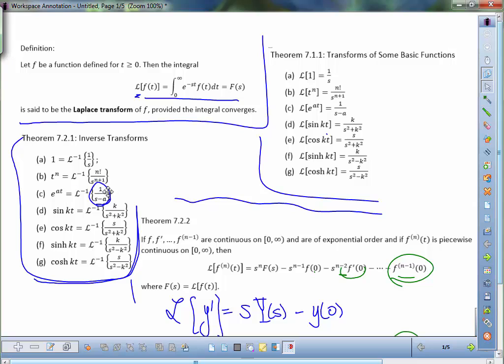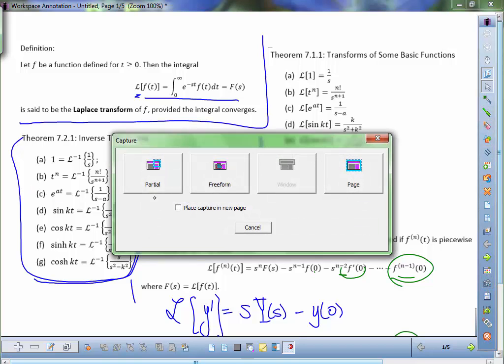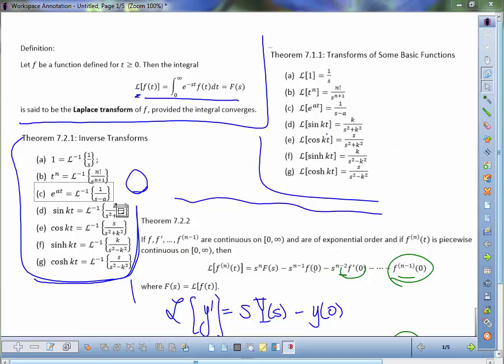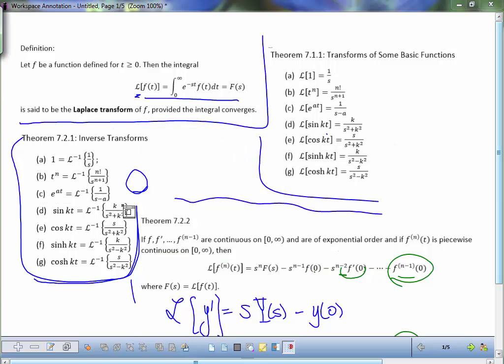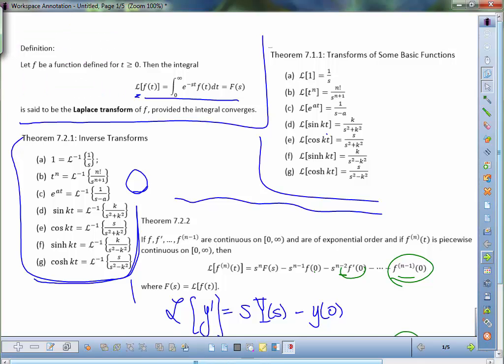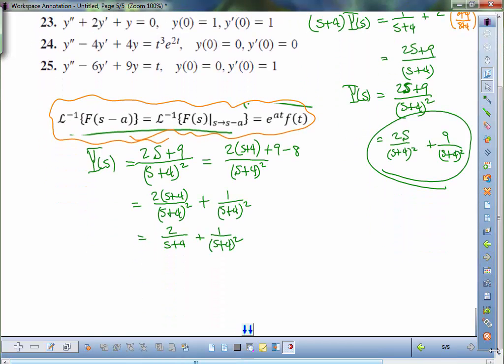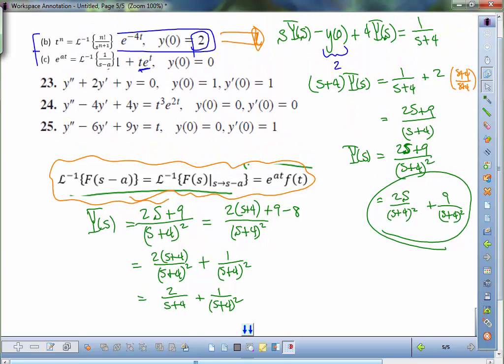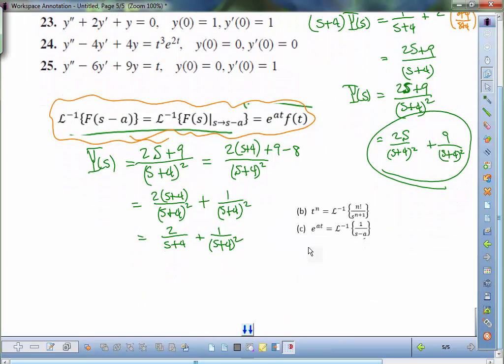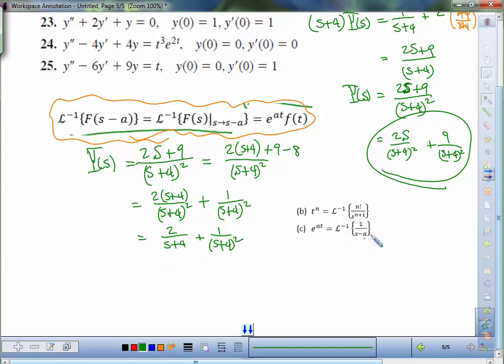So the first one is just the exponential right here.